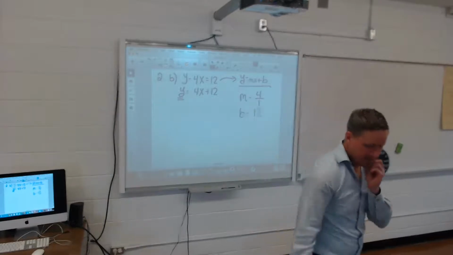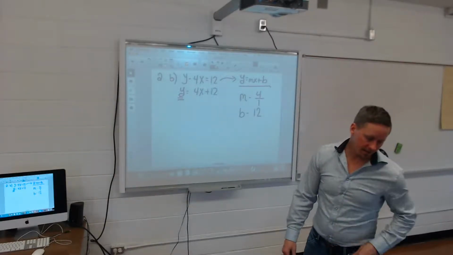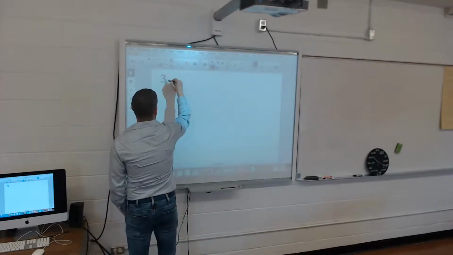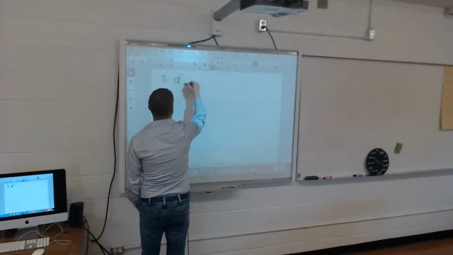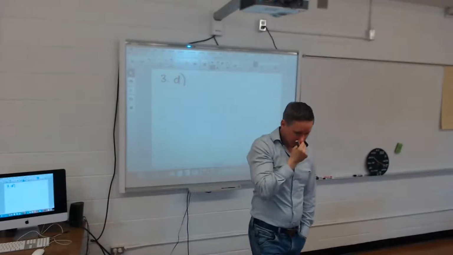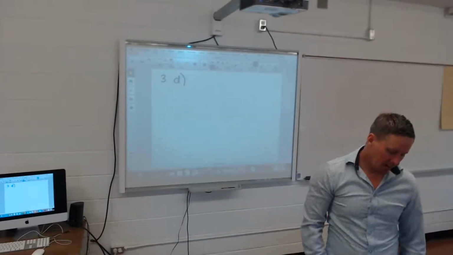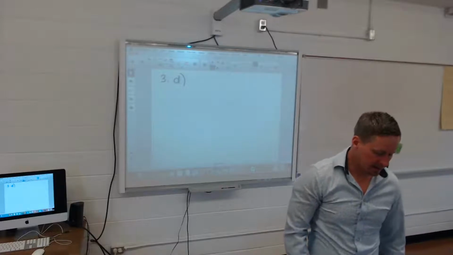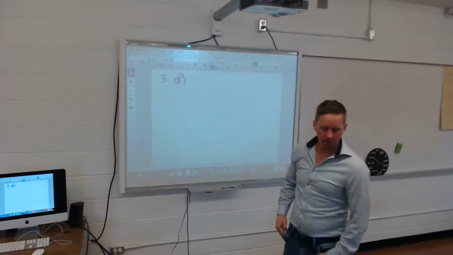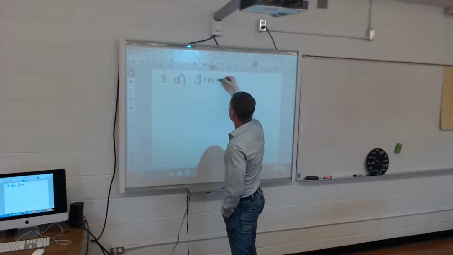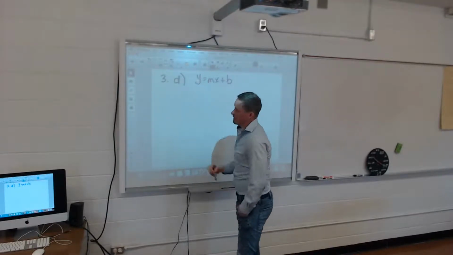All right. Okay. So let's look at number 3 now. This time we'll pick 3D. It says, given the slope and y-intercept, write an equation of the line in slope-intercept form. All right. So slope-intercept form is y equals mx plus b.